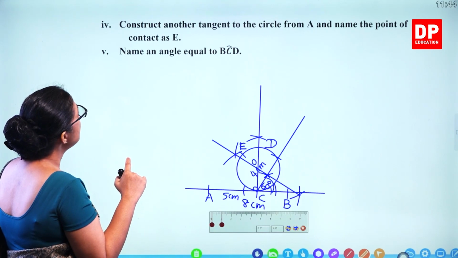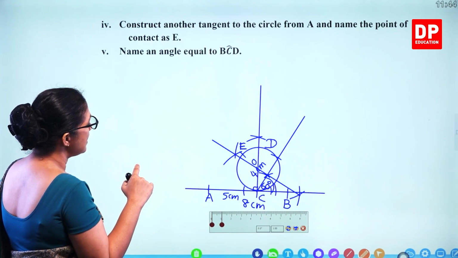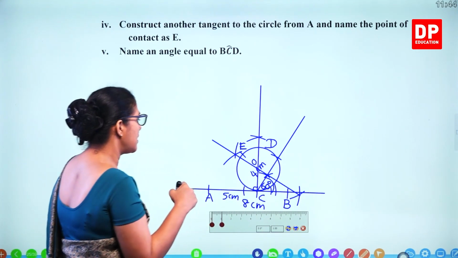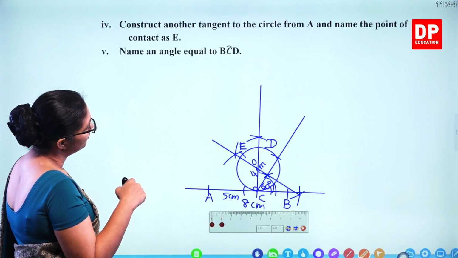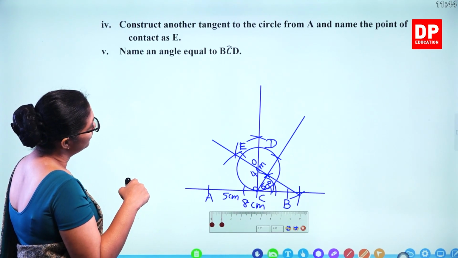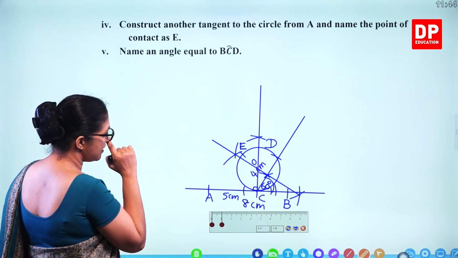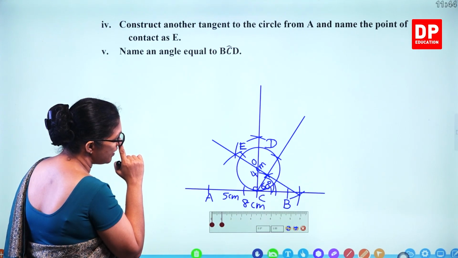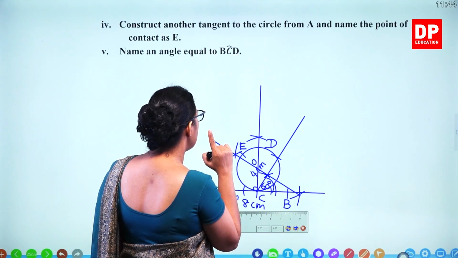Name an angle equal to BCD. BCD is 90 degrees. So you have to give any angle that's 90 degrees. Semicircle angles are 90 degrees.